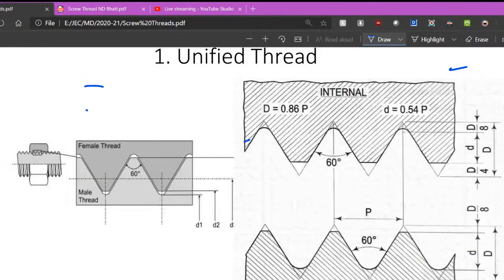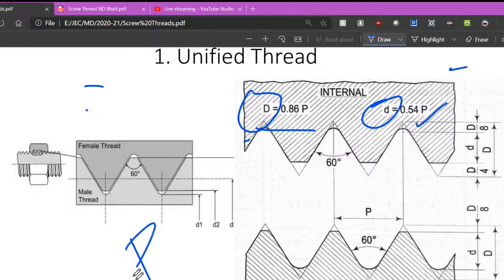So again the question is the same, how to get the value of P. We have the theoretical depth, small d is the actual depth, for internal 0.54 p, for external 0.61 p, and how to get the value of P. First you should know that unified thread is used in inches.